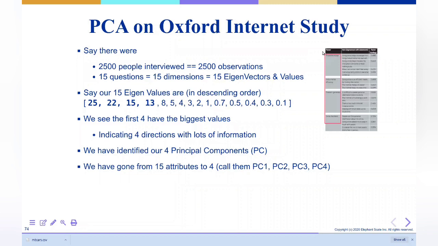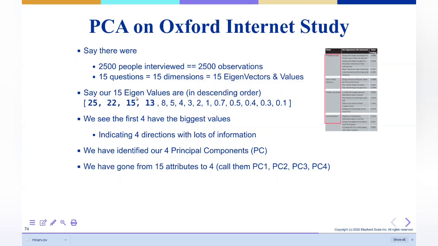Anyhow, imagine this question. Let's say I'm doing a survey and I ask 15 questions. That means 15 dimensions, so my original data has 15 vectors. Now let's say I calculate different eigenvectors.